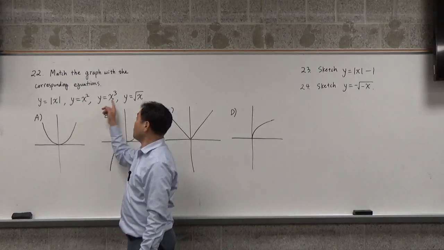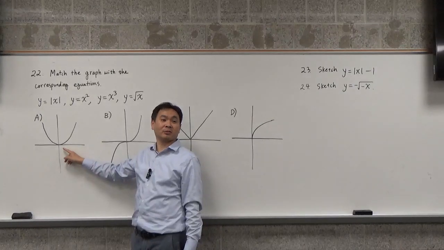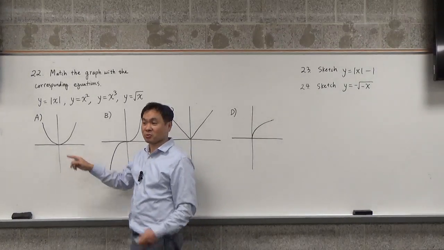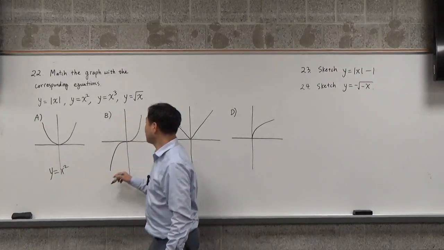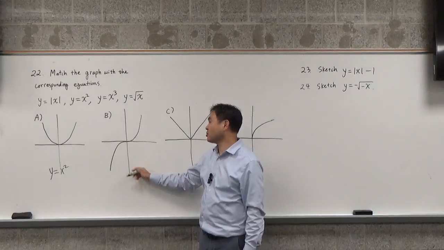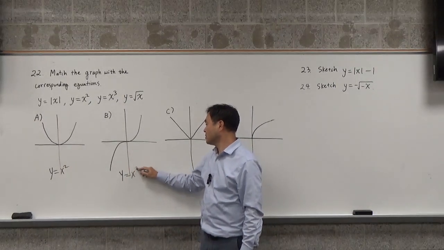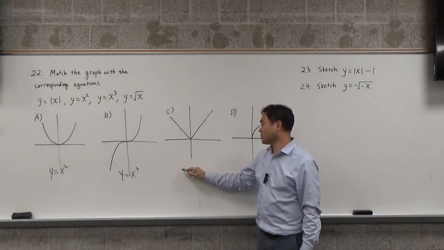Which of the 4 equations should give you this as the picture? Yes? Y equals x squared. Yeah, y equals x squared, right? Which of the 4 equations is this one? X cubed. How about this one? Absolute value of x.